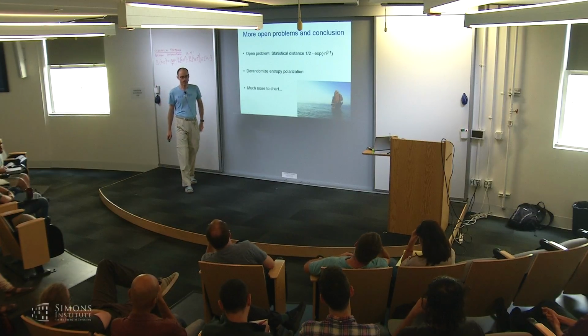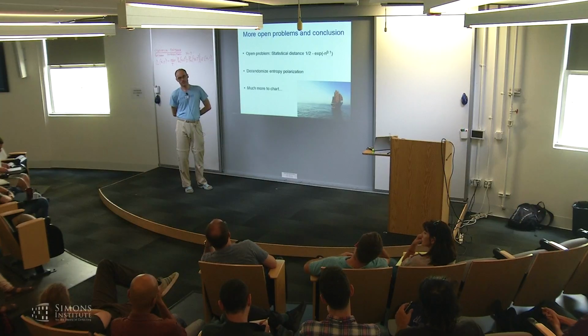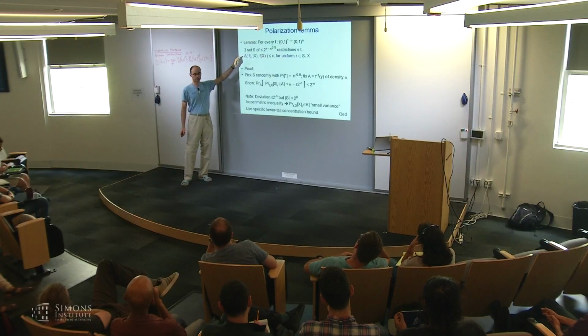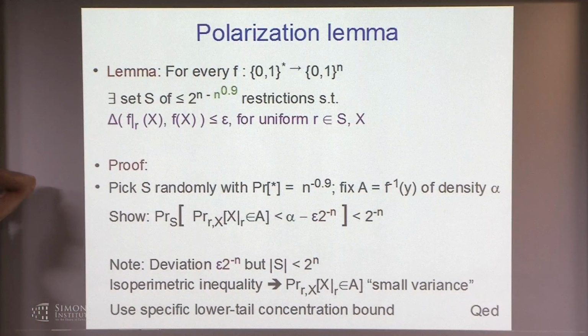In the proof of the entropy polarization, where do you use the fact that it's zero actually? This lemma actually holds for every function, for the min-entropy.